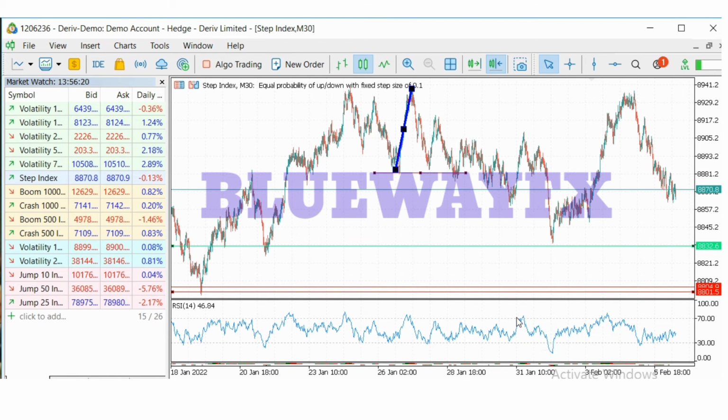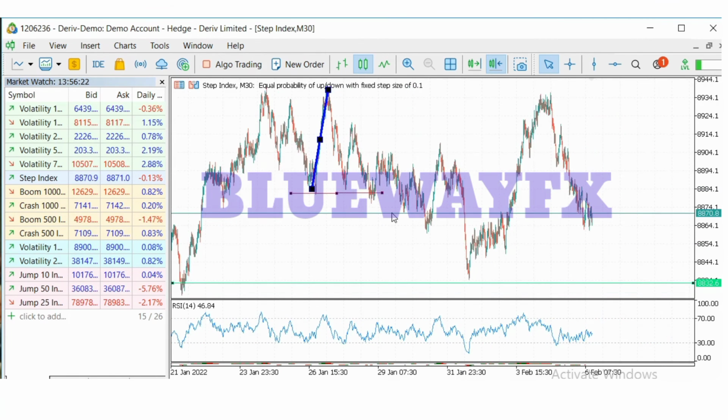So keep on looking at our RSI, and at this point it gets up, it's going down again. We are not thinking of buying this market any longer because we have already broken structure to the downside, so we anticipate a downtrend.